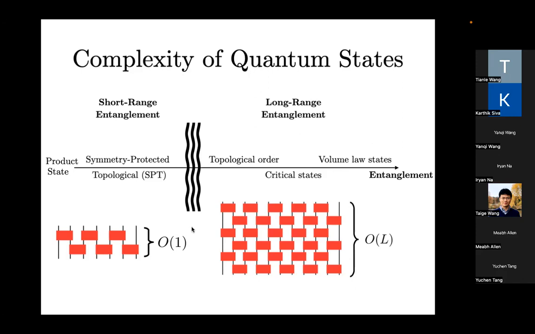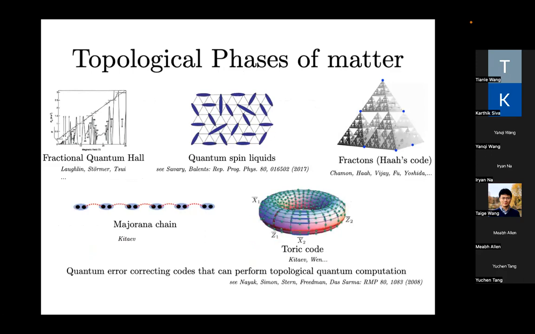But of course, these are the interesting phases. And in the past, perhaps 30 or 40 years, we have come to appreciate what could be possible in nature. And of course, this started from experimental endeavors regarding the fractional quantum Hall effect. But by now, in theory, we have uncovered a large range of what could be possible, ranging from quantum spin liquids, or perhaps the simplest topological order, the Z2 gauge theory, also known as the toric code.